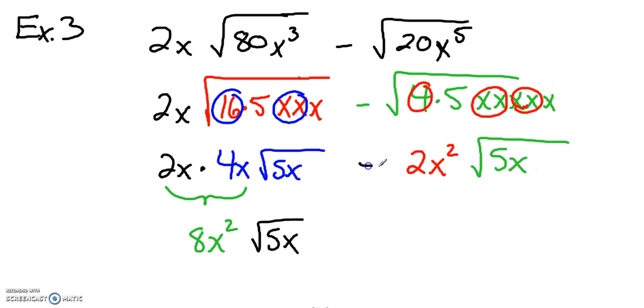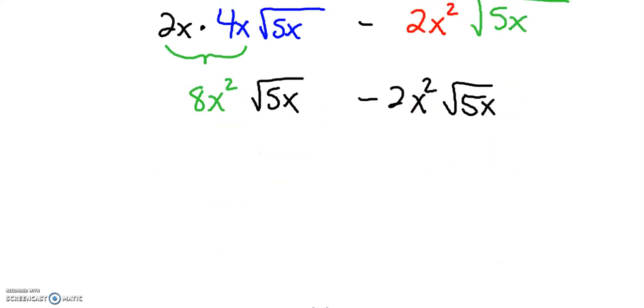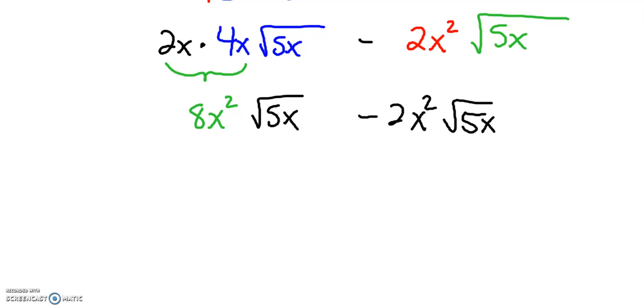And we still have the minus in the middle. Okay, so for this one, nothing really to do for that part. Just bring it down. So we've got minus 2x squared times the square root of 5x. Okay, and then you're looking for, again, this square root is exactly the same as that one, both square root of 5x.